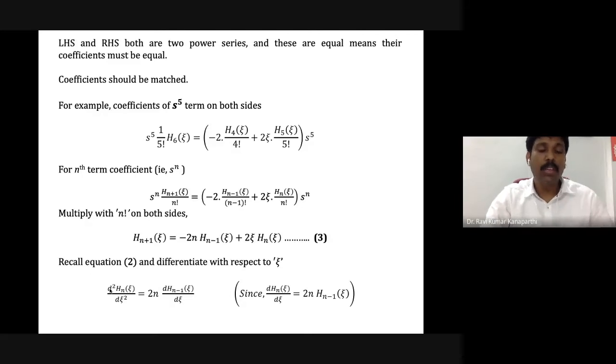Now, I'm interested in the second derivative of that expression. How to evaluate? Very simple, we already have the first derivative, so if you take the second derivative, d square hn of z by dz square, on the right hand side we have 2n multiplied by d h n minus 1 of z by dz, so you can straight away take the first derivative.